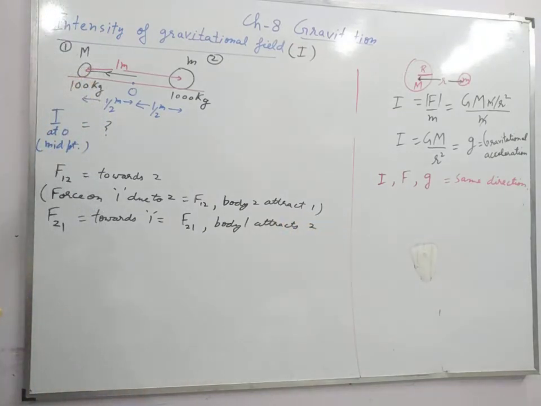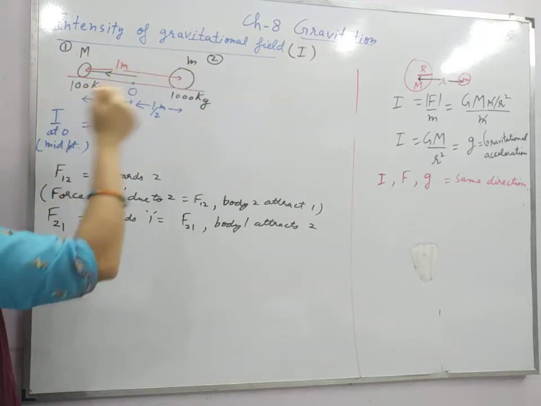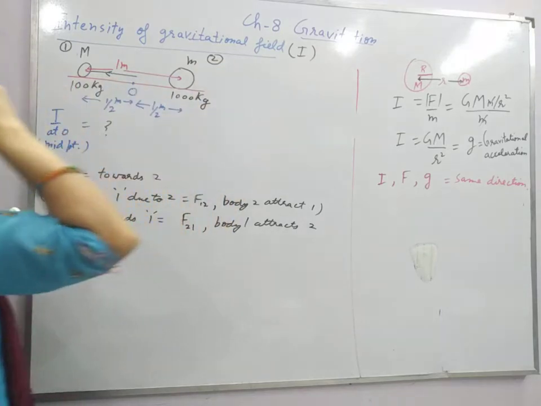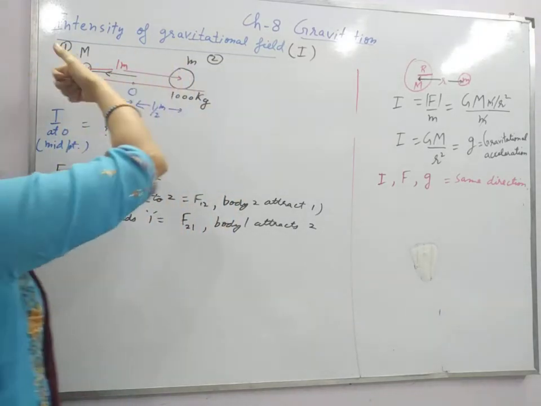So this will pull it towards itself and this will pull the first one towards itself. So 1 will attract 2 and 2 will attract 1.